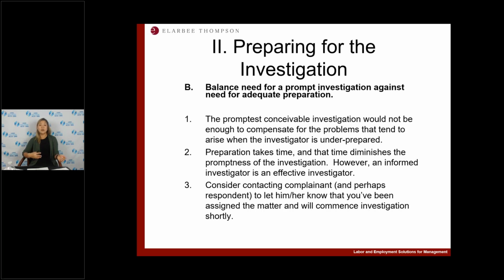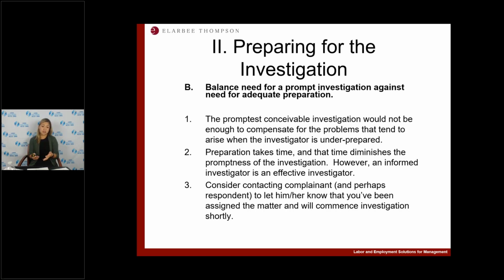So there's some legwork that goes into an investigation before you start doing the interviews. Even though you want to be as prompt as possible, that does not mean that you let the legwork, the homework, slide before you go into your interviews. So it's about balancing that need.